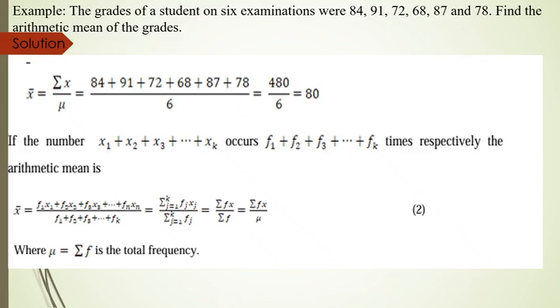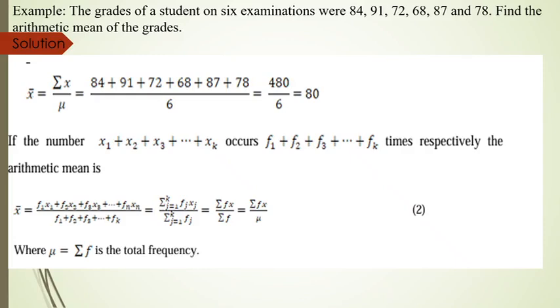Our set of observations are 84, 91, 72, 68, 87, and 78. To calculate this, we say our x bar equals summation of x over n, not mu. Please take note. So it will be 84 plus 91 plus 72 plus 68 plus 87 plus 78 all over 6, which equals 480 divided by 6. So it will give us 80.